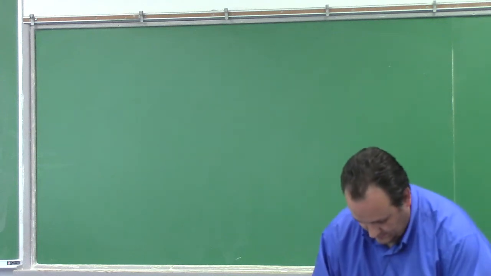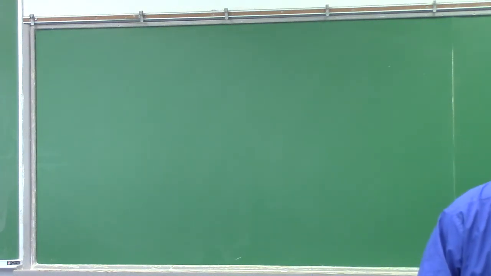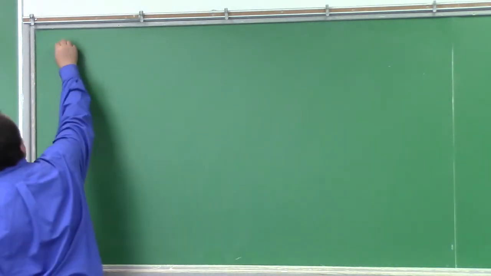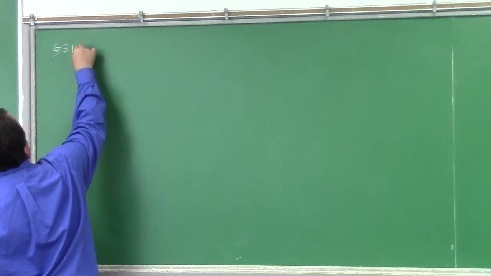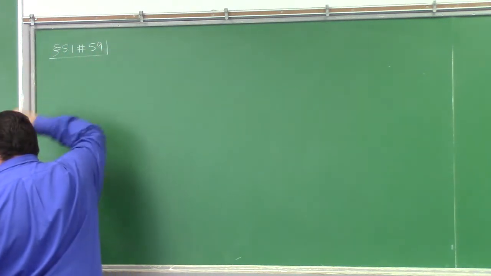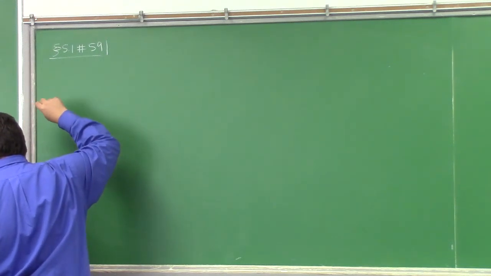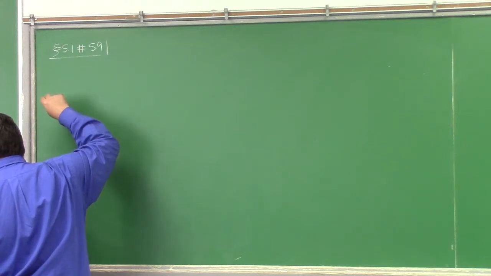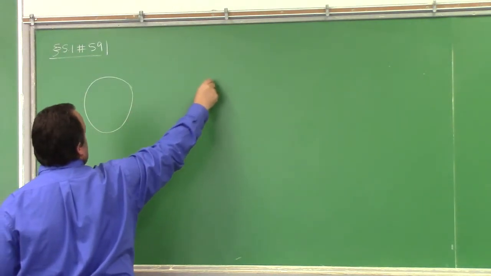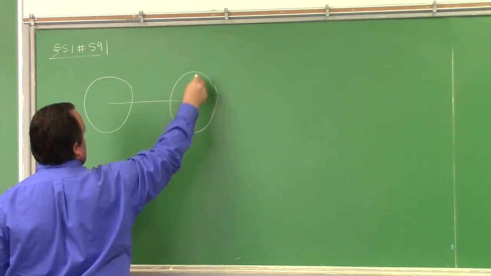Sure. Can look at that for a second here. So number 59. We have a bicycle with a 24-inch diameter wheel traveling at 15 miles per hour. All right.